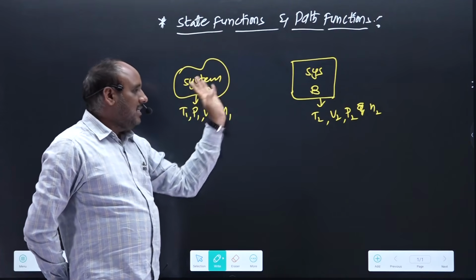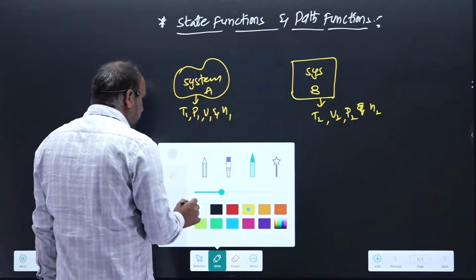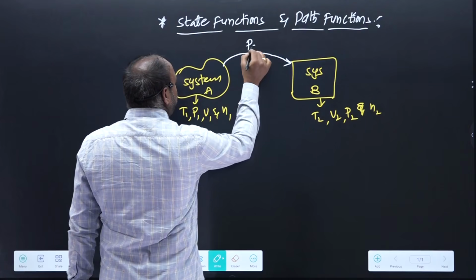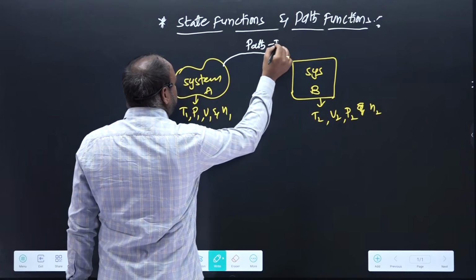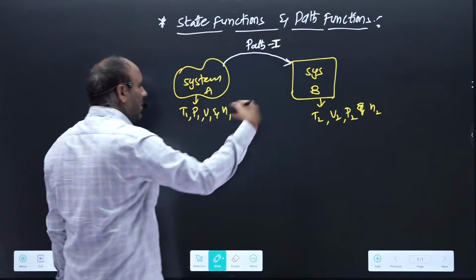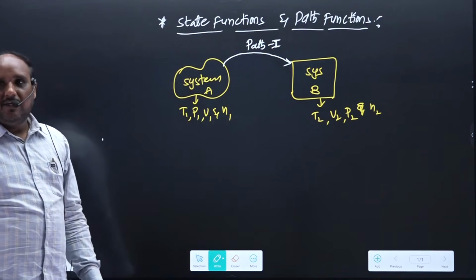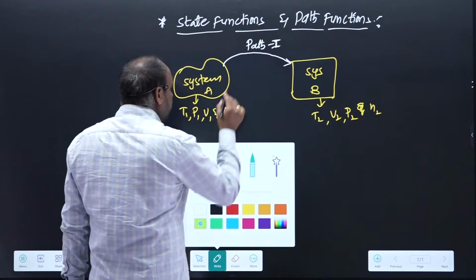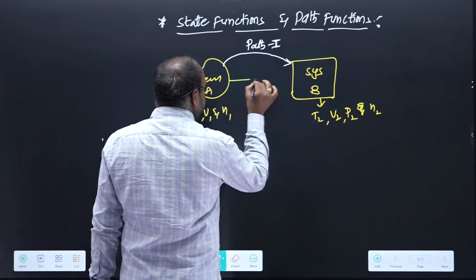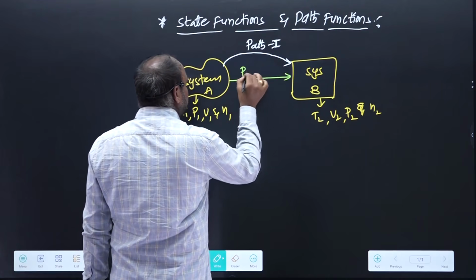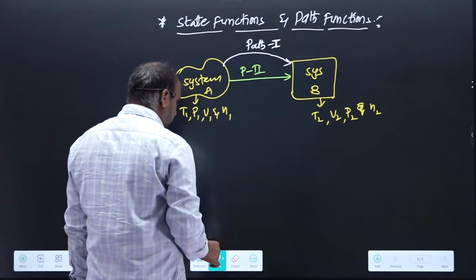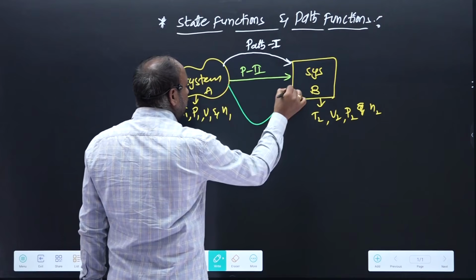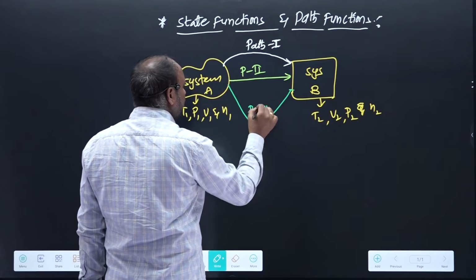So system A and system B are there, right? System A is converted to system B through pathway 1. There is one procedure to convert system A to system B. Then one more will be there, that system A is converted to system B through pathway 2.